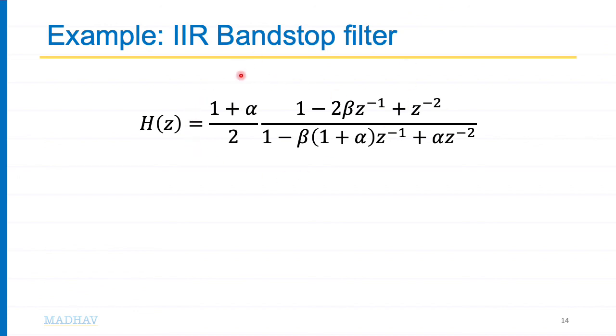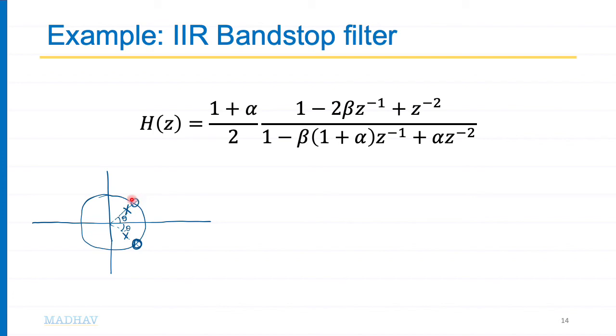So this is another filter, a band stop filter. What is a band stop filter? Instead of allowing a band, it stops only a small band and allows all other frequencies. How do we derive it? If you look at the pole zero plot, it looks something like this.